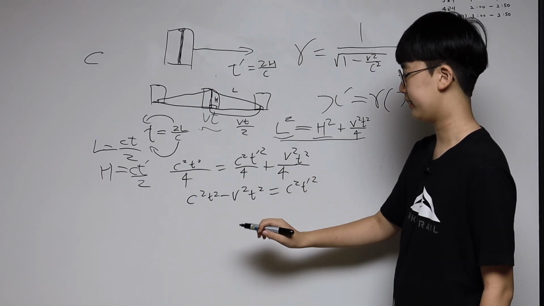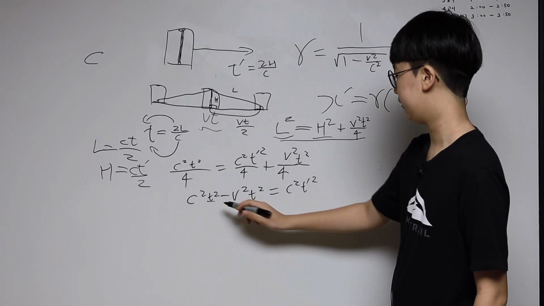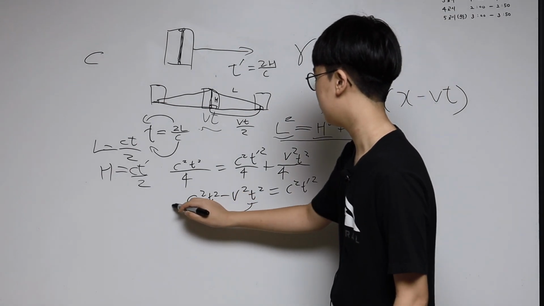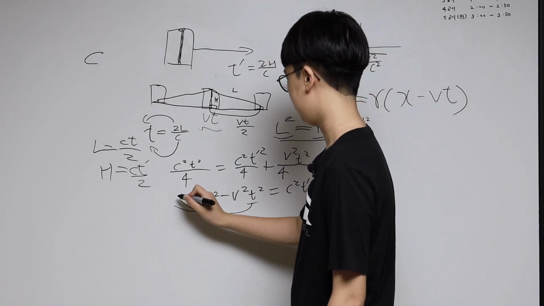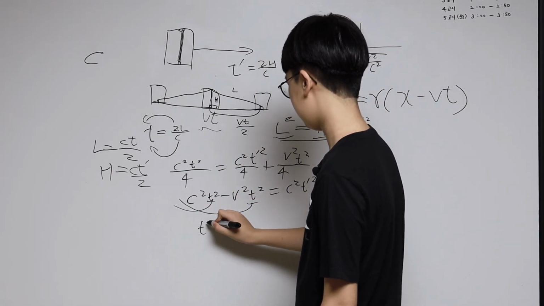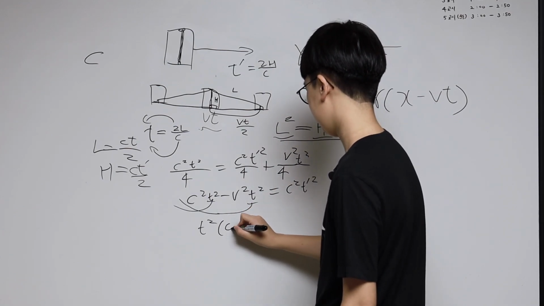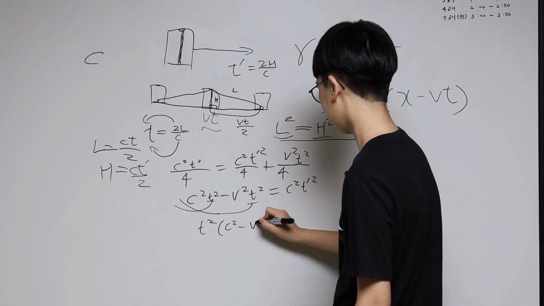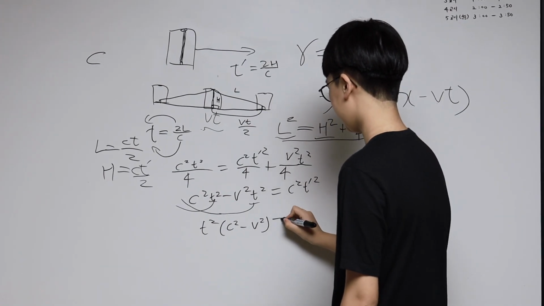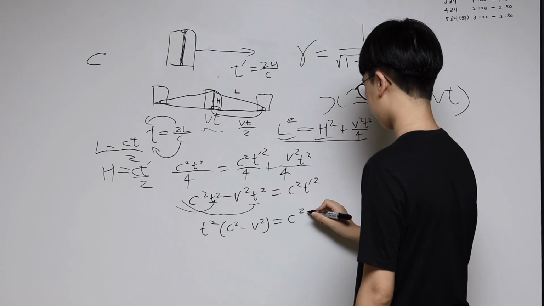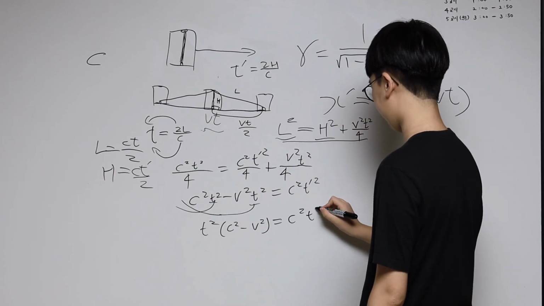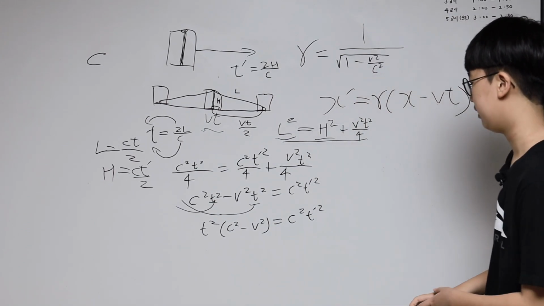And now we can do something like this: we take these two and pull it out. So t squared multiplied by c squared minus v squared would equal c squared multiplied by t prime squared.